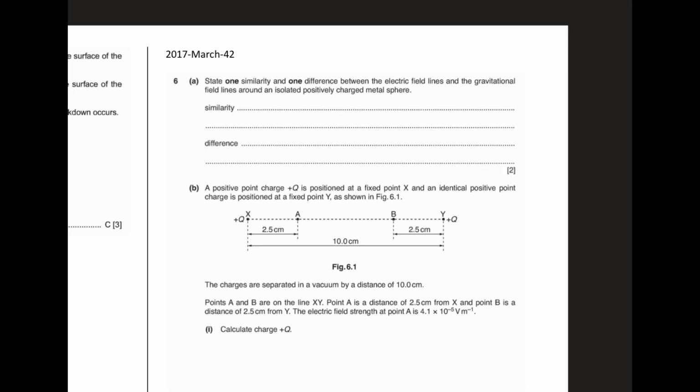Okay, so first we are going to talk about the similarity. So we can write lines are radial. Okay, this is the first option.